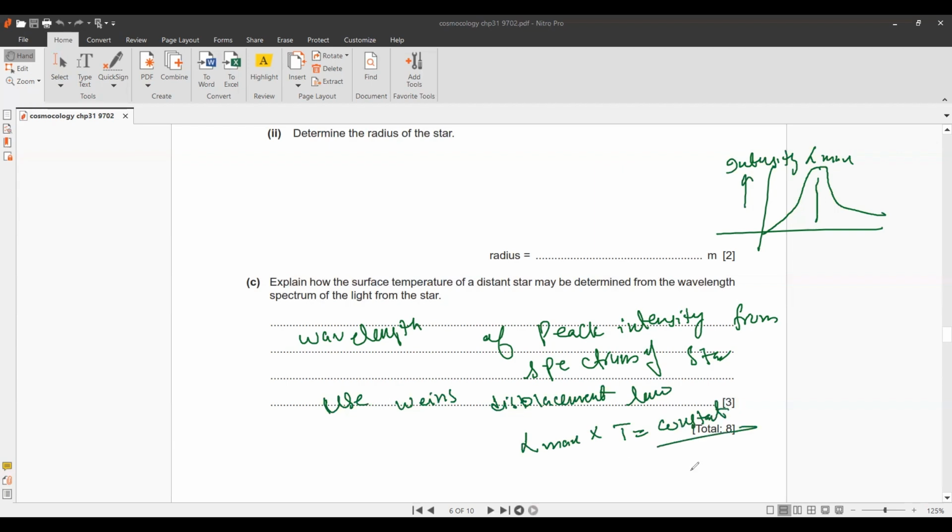This has a factor of 2.9 something, and since we have found lambda, we can find the temperature from there. Don't worry, you'll get the values of all these constants in your data sheet.